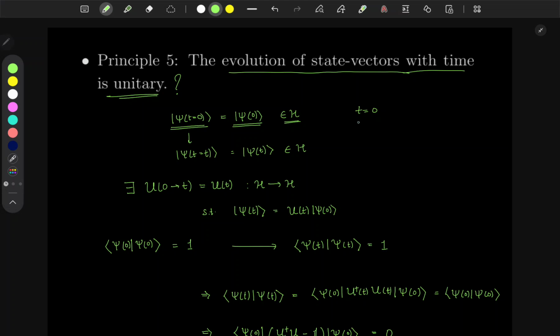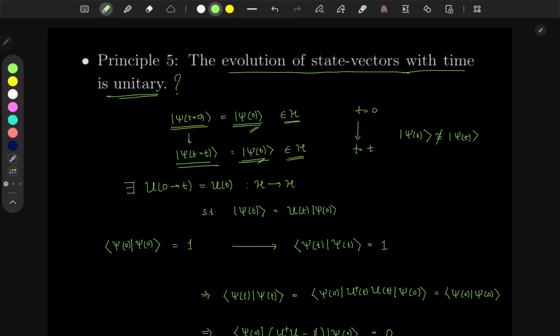If the state is changing with time, then after some time t has elapsed, the state vector will become psi of t, and it will belong to the same Hilbert space, because the Hilbert space is the space of all possible quantum states. So this state and this state belong to the same Hilbert space, but they are definitely not equal, and they might not be equivalent as well.